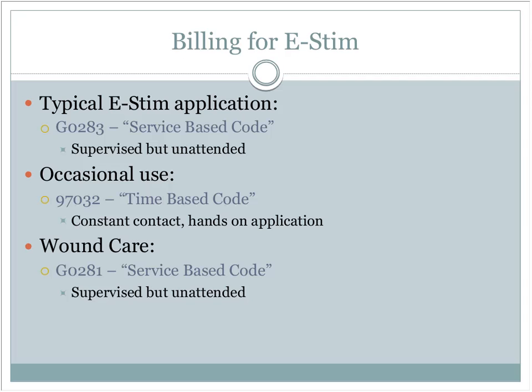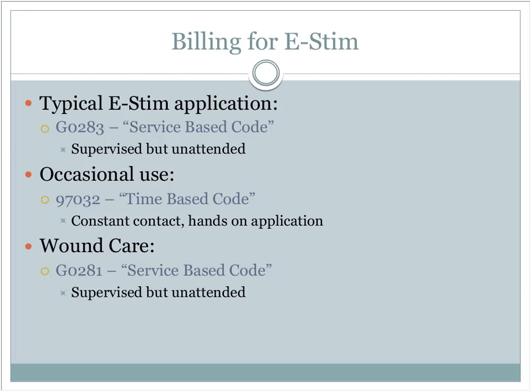If you're doing a contract-relax type of treatment where the eStim kicks on, contracting the muscle, and when it shuts off, you stretch, well, that's constant hands-on, and you could bill the 97032 for eStim, or you could bill Therex or even manual. You can't bill both because you can't bill two things for the same time.